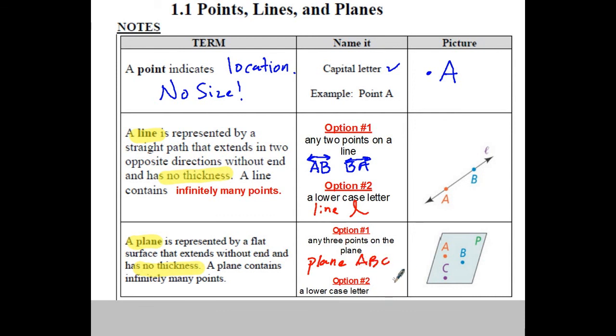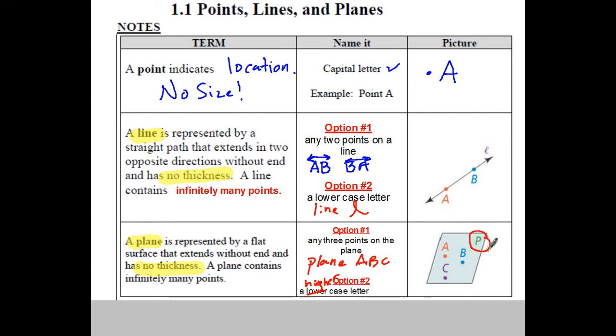Alright, option 2 is to use a lowercase letter, and actually this is incorrect. It shouldn't be a lowercase letter. It should be a capital letter. So let's change that. So a capital letter, and in this case, it's going to be the letter P. Usually P is also going to be cursive, but I couldn't do it on this example.